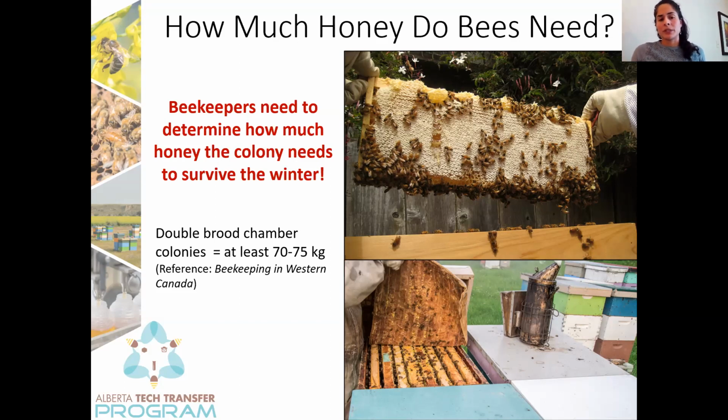I have noticed, and if you have worked with different genetic lines you might have noticed, that Italian bees eat more, and they might need more honey to survive the winter. So use that as a guideline, but you might need to adjust a little bit. And if you use single brood chamber colonies, take a look in this book and read about the guidelines for other sizes of colonies, either indoors or outdoors.